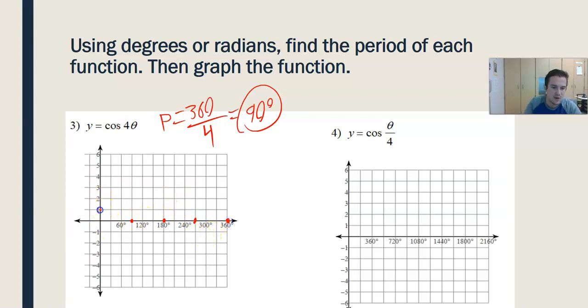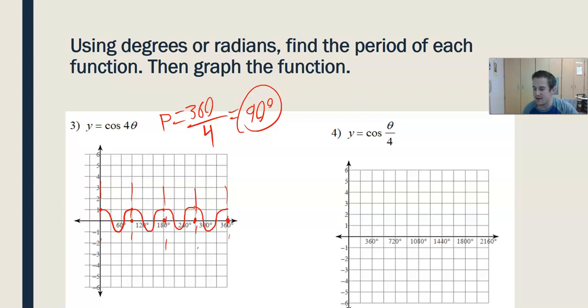So my cosine wave starts at my maximum. It better end up again at a maximum. So my cosine wave is going to look something like that. Again, not completely perfect, but every 90 degrees here, I should have a full cosine wave, which I do.